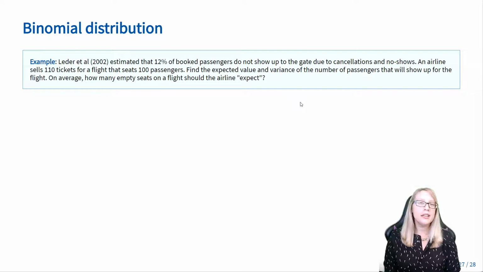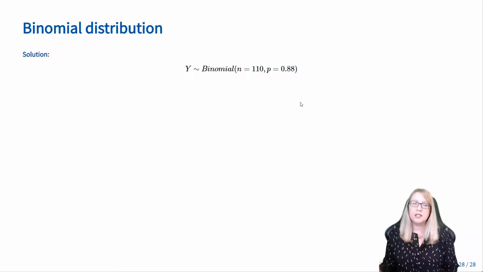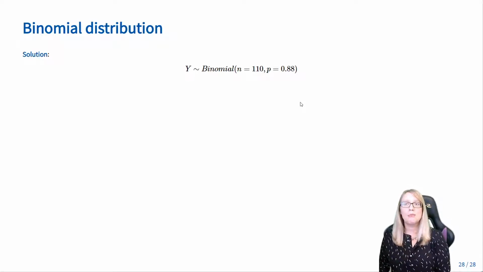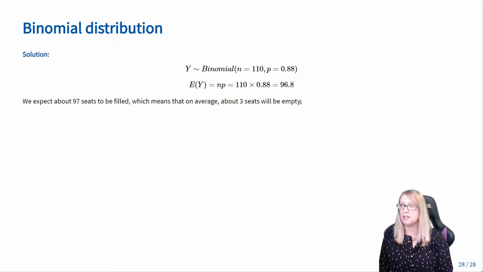So let's find the expected value and variance for the number of passengers who will show up for the flight. On average, how many empty seats would we expect? So Y is distributed binomial. We have 110 tickets that we are planning to sell. The probability that someone will show up to use that ticket is 88%.